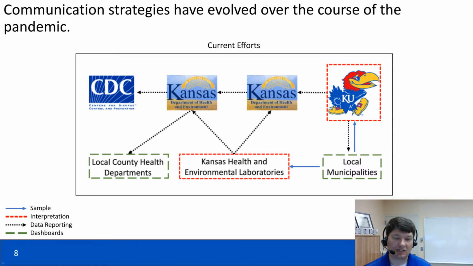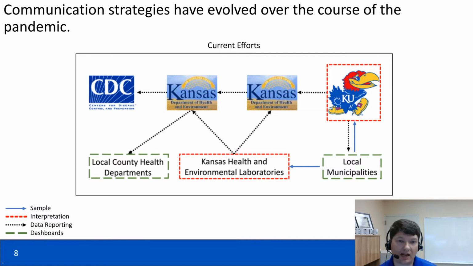And so at the University of Kansas, we're still reporting to the local municipalities and sending this information on to the Kansas Department of Health and Environment. Part of my learning process is realizing that our Kansas Department of Health and Environment is a little bit of two entities, where you have the health side and you have the environment side. And so a little bit more communication had to occur between our environment and our health side. And so that's fairly underway and fairly established.